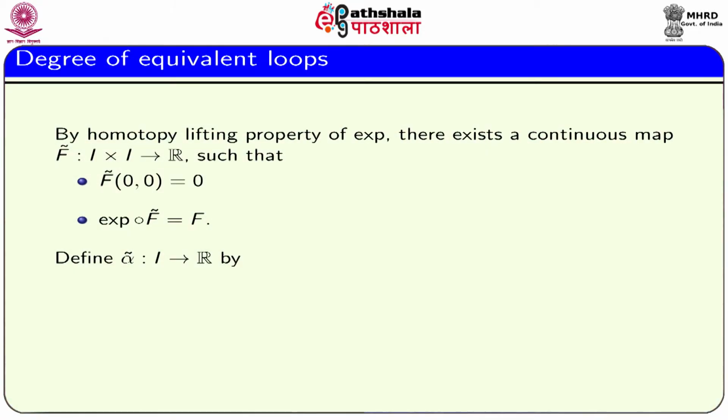By the homotopy lifting property of the exponential map, there exists a continuous function f tilde such that f tilde (0, 0) is 0 and exponential composed f tilde is equal to f.